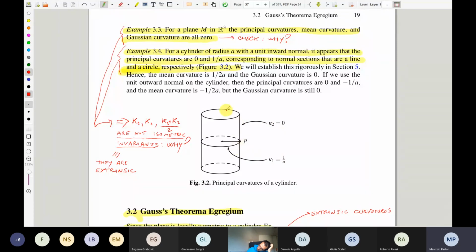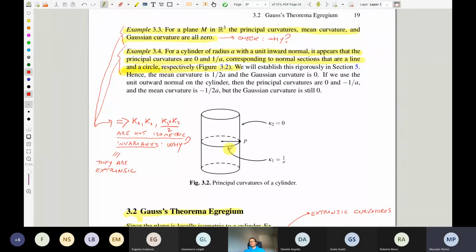In fact, you can unroll a cylinder. Just cut it and take this way, and it becomes a sheet of paper. Okay? And this tells you again that they are not isometric invariants. Because, of course, for a sheet of paper, you have 0 for everything, also for the single principal curvatures.